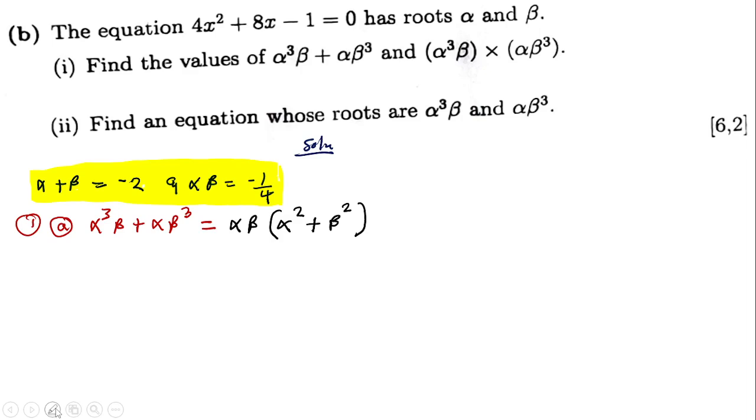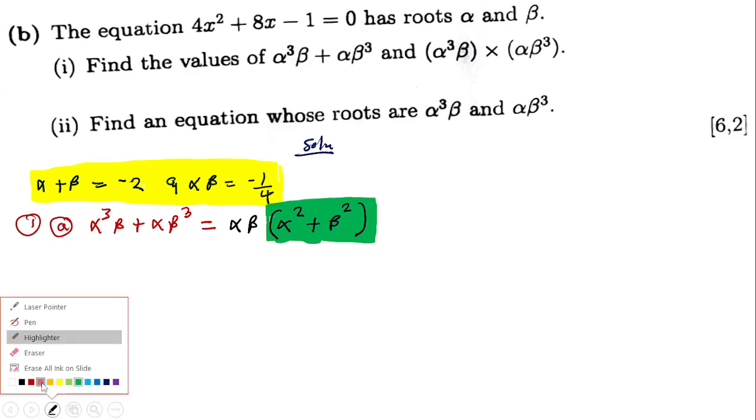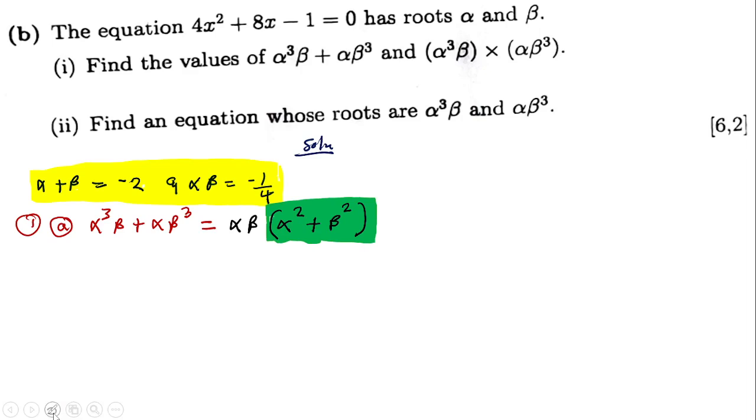This one here I am shading in green has its own way of being found. So I'm going to write down the way of finding it. So let me quickly write it down.